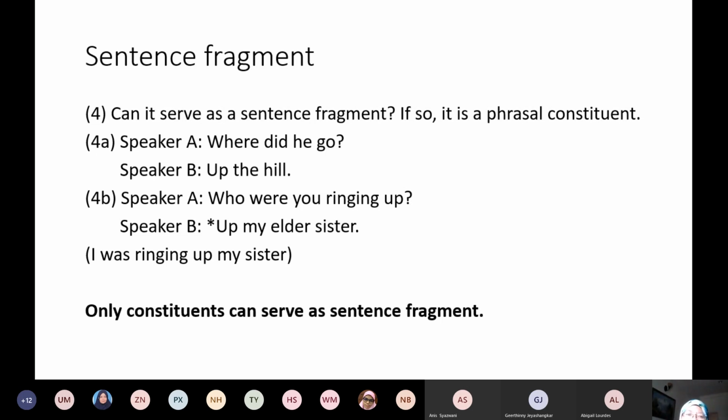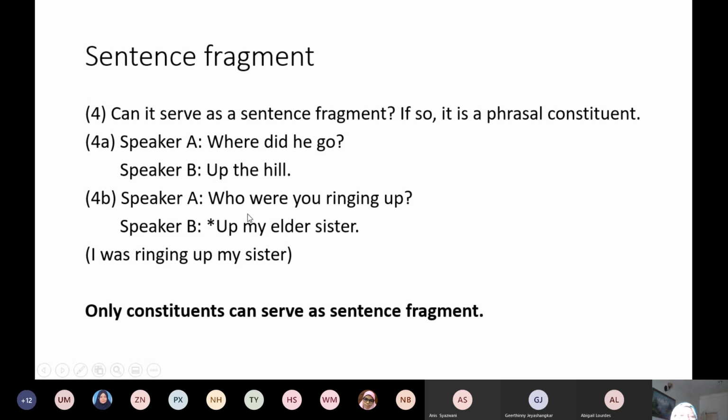So where did he go? Up the hill. So that is grammatical. And then another example, who were you ringing up? And then speaker B says, up my elder sister. So let's say this is from a sentence, I was ringing up my elder sister. So the person wants to test whether up my elder sister is a constituent.